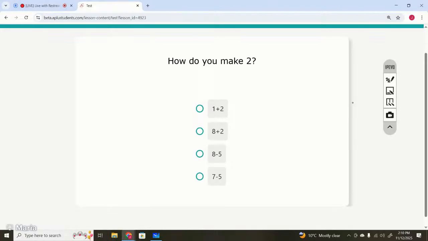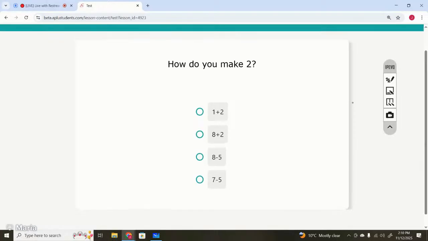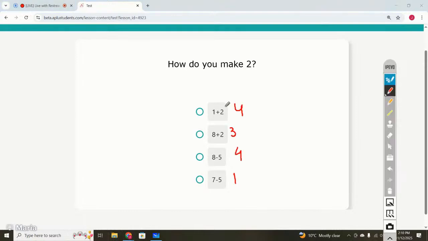How do you make 2? Which is the correct option? 2 plus 1 is 3. 8 plus 2 is 10. 8 minus 5 is 3 and 7 minus 5 is 2.